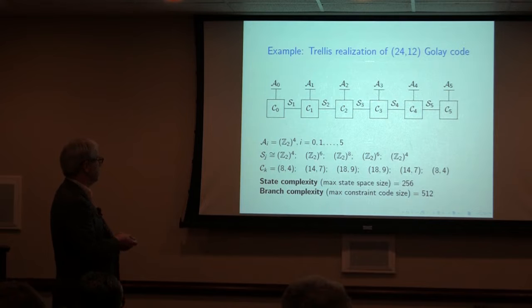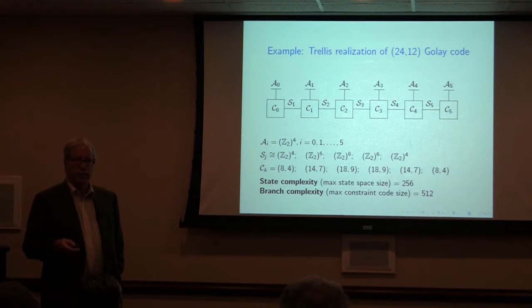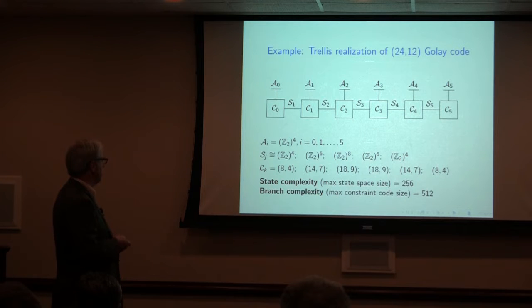The first and 5th ones are of dimension 4. The second and 4th ones are of dimension 6. And the middle one is of dimension 8, which means there are 256 states in the middle of this trellis representation. And this, by the way, is known to be the most efficient trellis representation possible for the Golay code.